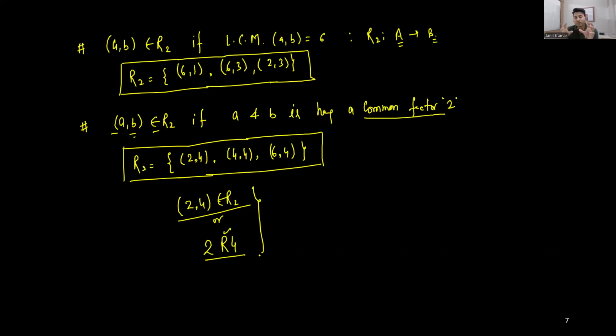We are having a collection of all the triangles. Set A is from A to itself, A to A, and A is a collection of triangles. (A, B) belongs to R if both triangles are having at least one angle as, let it be, 60 degrees.